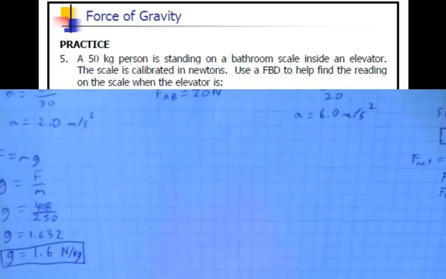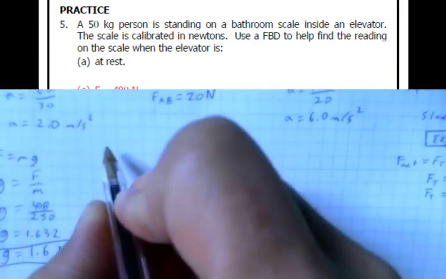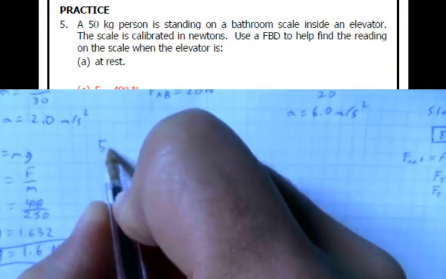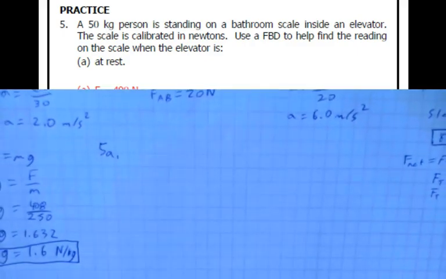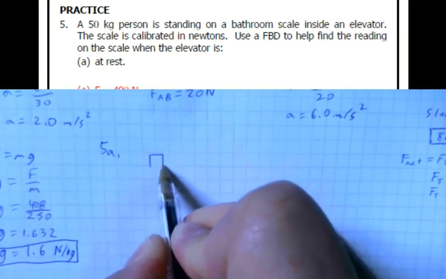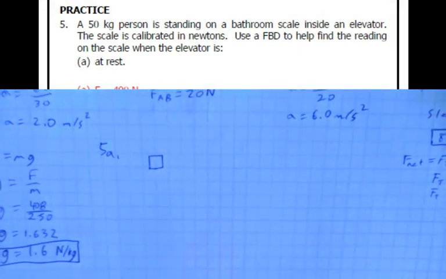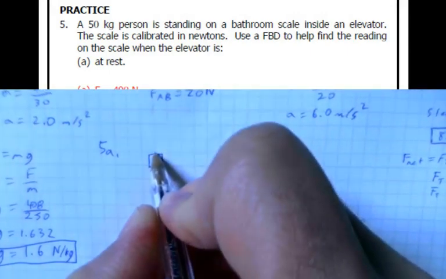So for 5A, the person is at rest. So I will draw the free body diagram of the situation, and I will determine the force that the person experiences, their weight.